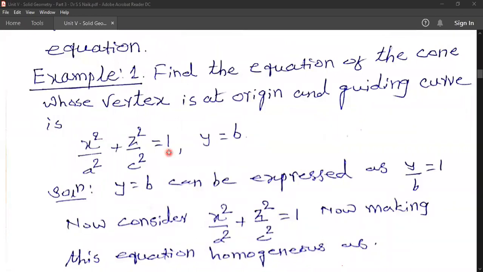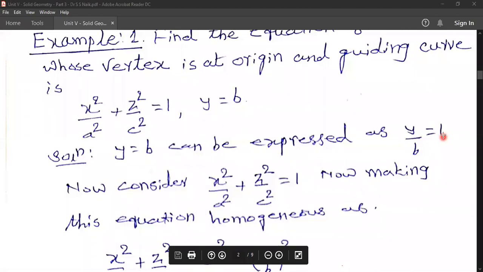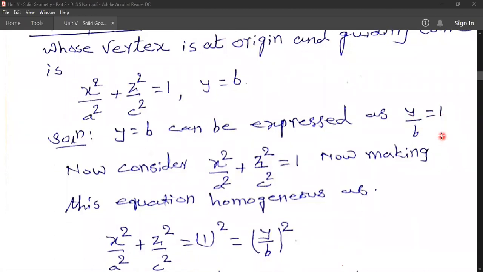So the cone we are going to get is a quadratic cone. Also we have y equals b, which can be expressed as y upon b equals 1.